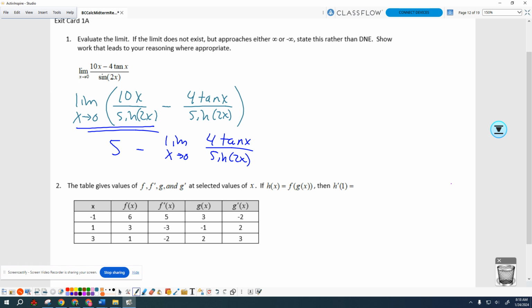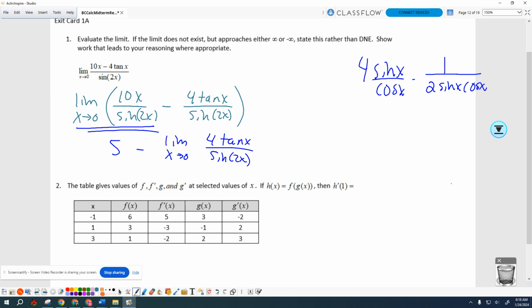You can turn tangents into sines and cosines, and then sine 2x. So tangent is sine over cosine, and sine 2x splits up to be 2 sine x cosine x.